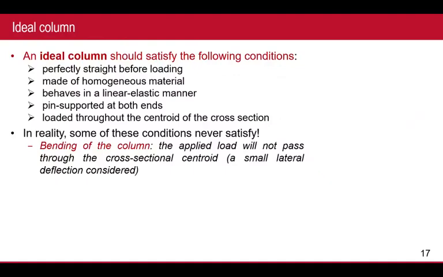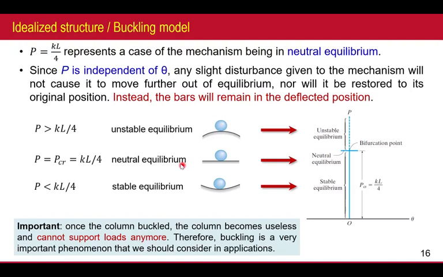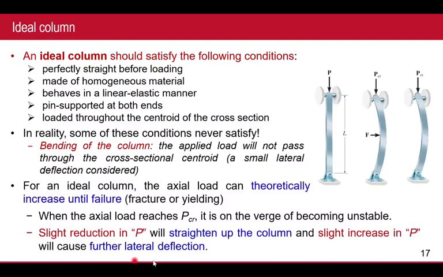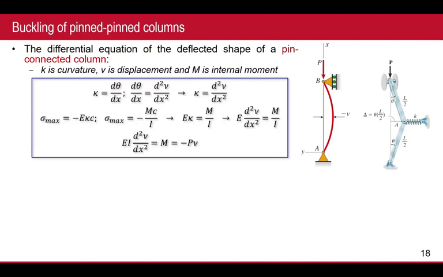But remember, as I mentioned, only if the load is greater than its critical value will this become unstable and buckle. If smaller, after release, it will restore to its original position and straighten up. So from here, we must get this idea: how can we put the loads here? It's from here that we still use this spring to simulate this thing.